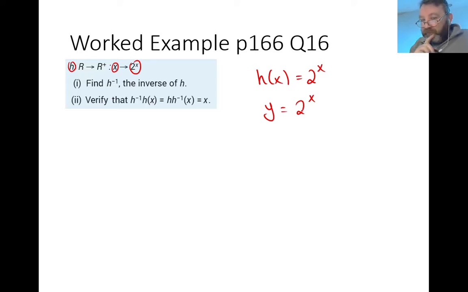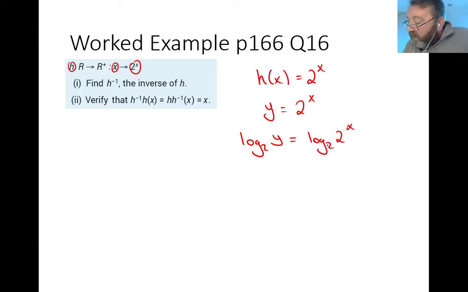Now, we've done functions already before, so we should have some idea in terms of logarithmic functions how these things operate. So here's what I'm going to do. Log to the base 2 of y is equal to log to the base 2 of 2 to the x. Now, we met this before. If the base of the log and the base of the index are the same, then they'll cancel, giving me log to the base 2 of y is equal to x.